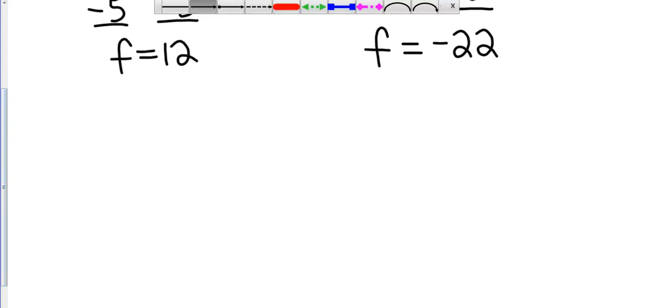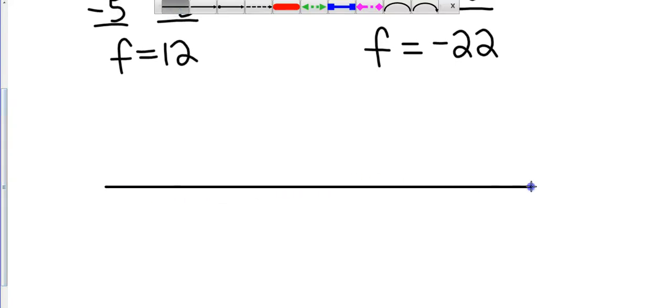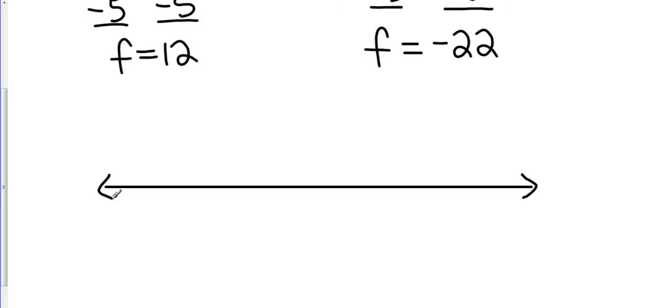So now graphing them, I just need a number line. It's not a crazy graph, just a simple number line. And I'm not going to go by ones. I need to be at negative 22, so let's go by 4s, and let's start with 0 here. 4, 8, 12.